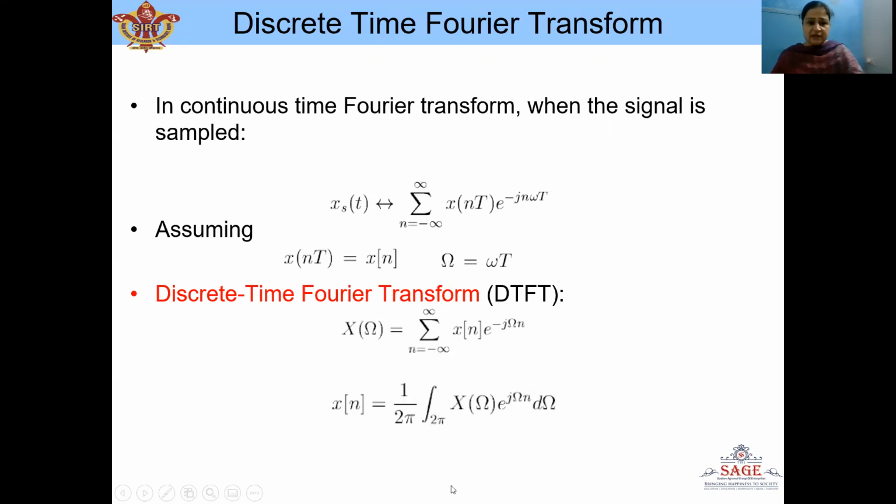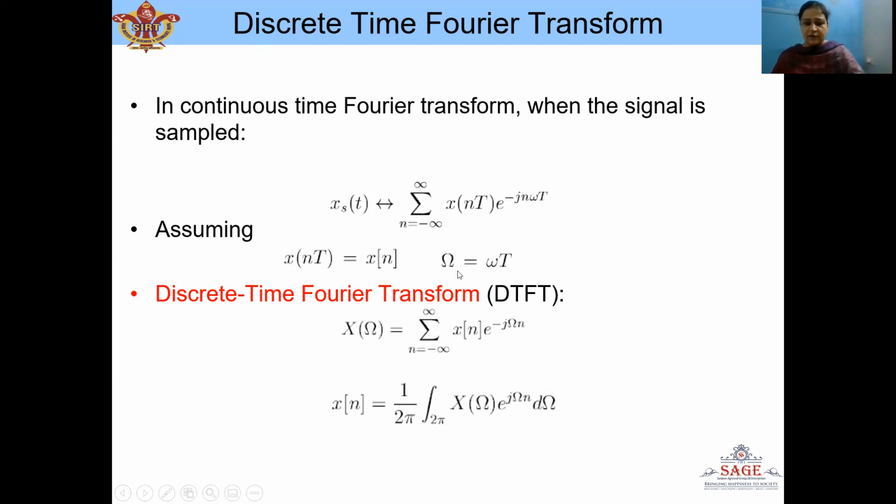Now, in the continuous time Fourier transform, when the signal is sampled, it is represented as summation n equal to minus infinity to infinity x(nT) e to the power minus j n omega T. Here we can represent x(nT), which is the value of the function at the nth time interval T, simply as x[n].